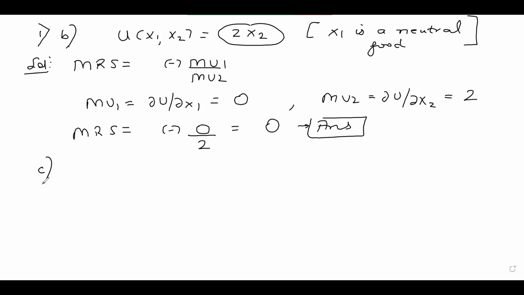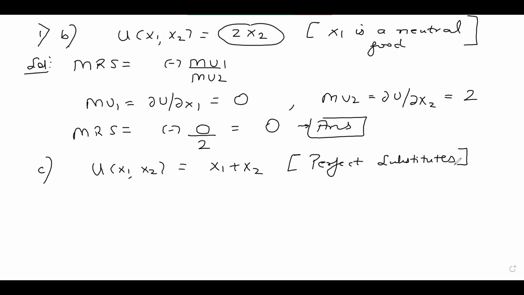For part C, we are given the utility function u as a function of x1, x2 as x1 plus x2. What type of utility function is this? It denotes perfect substitutes. We have covered all this in our theoretical lectures on preferences and utility. Okay, how do I find the MRS?